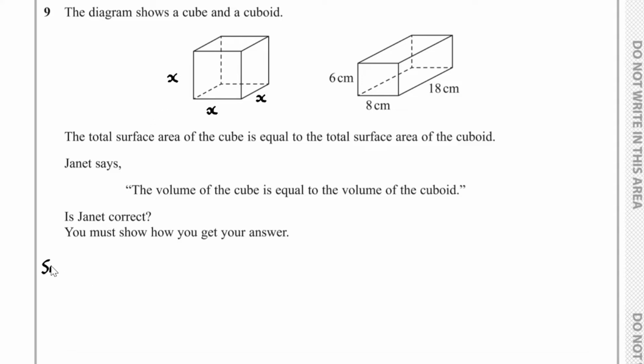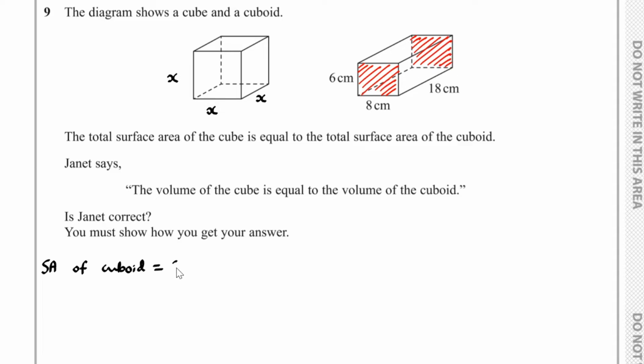So the surface area of the cuboid, if we think about it, we've got this front face here. This has area 6 times 8, and then we multiply that by 2 because we've got the front face and the back face.